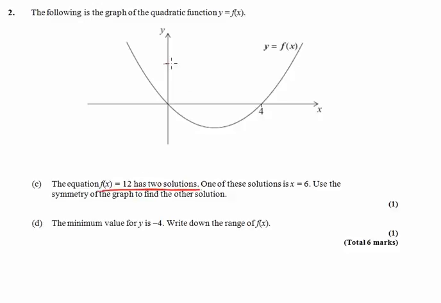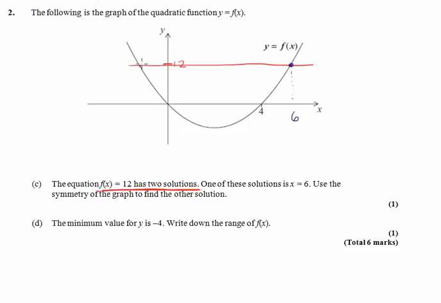It means that somewhere up here is 12, and if I draw a line across, we are going to have two solutions. And they've told me what one of those solutions is. It is at 6. So that point must be 6.